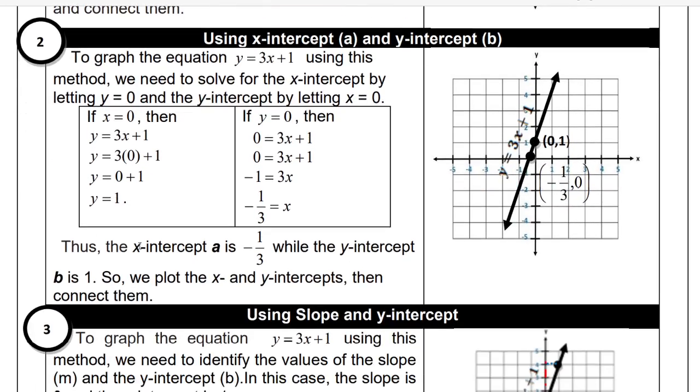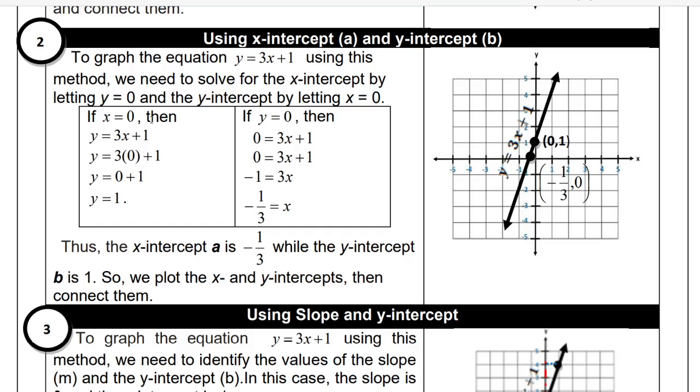Okay, here. To solve for the x-intercept, dito muna tayo, you have to let y be equal to 0. Okay. So, ito yung y-intercept. Oh.